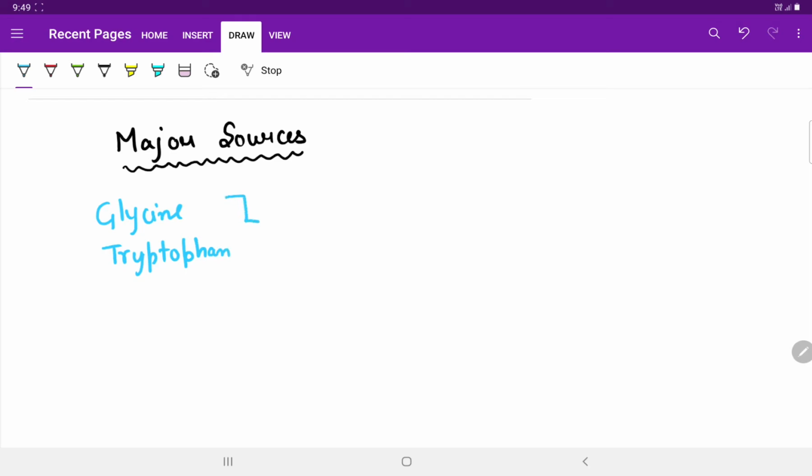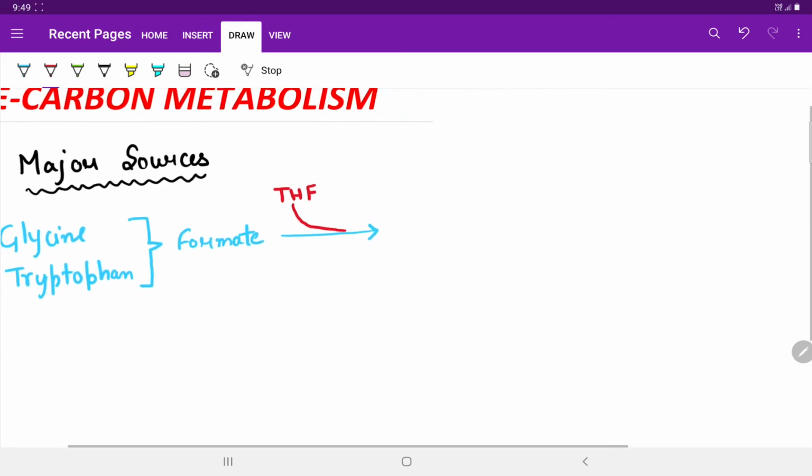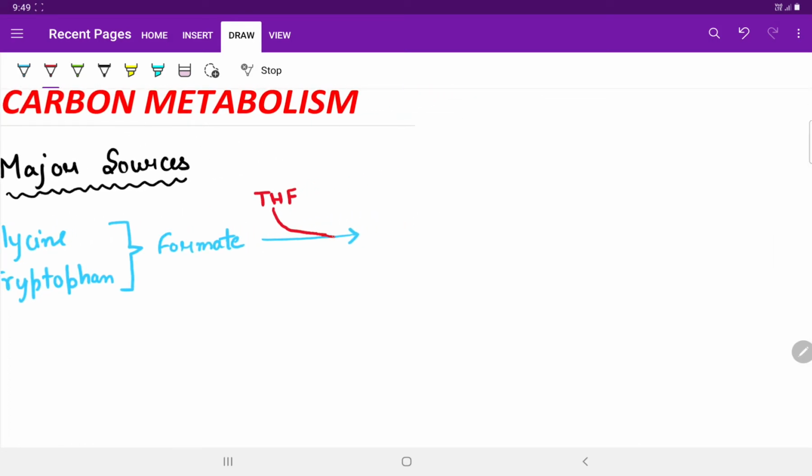Now these two amino acids, they together donate a formate moiety of a single carbon, and this is further added along with the tetrahydrofolate to form N10 formyl THF.